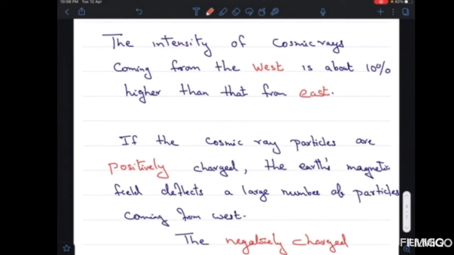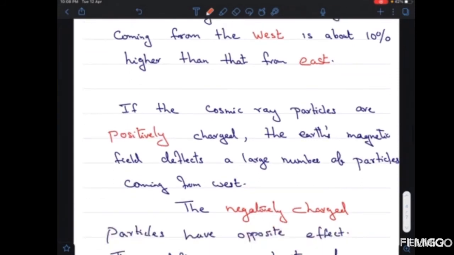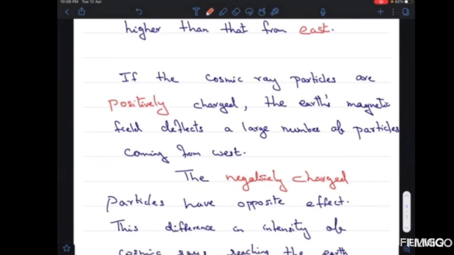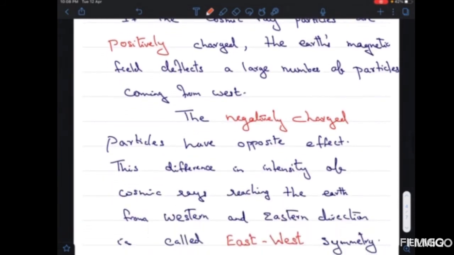And for negatively charged particles, it is the opposite effect, that is, they get attracted. This difference in intensity of cosmic rays reaching the Earth from the western and eastern side is called the east-west asymmetry.